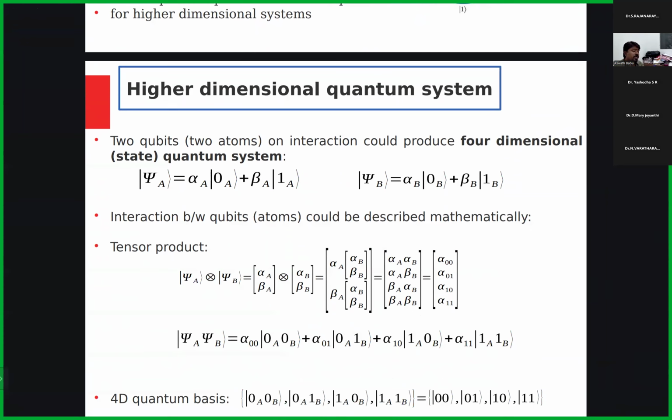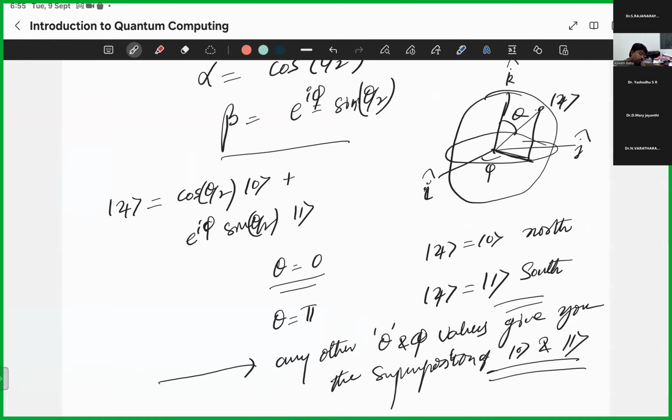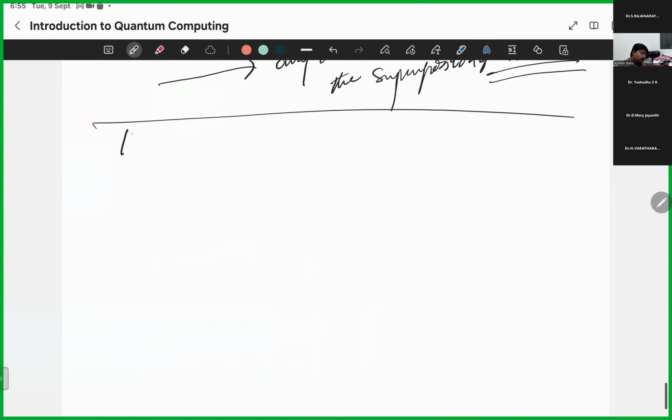What is that? It's just like I take 2 coins, right? If you toss 2 coins, okay? Higher dimensional quantum memory, okay?